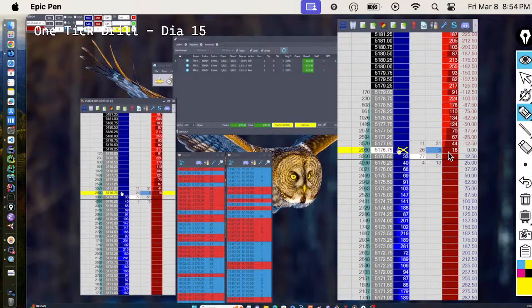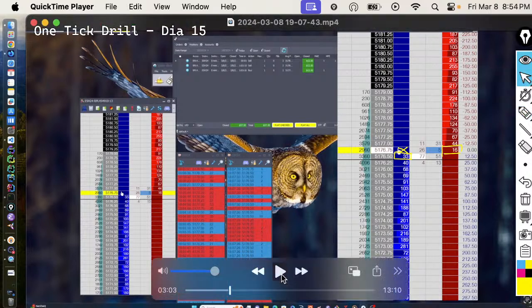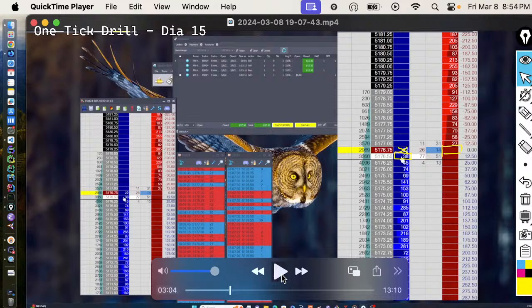Because of this, 16 versus 33. Ideally I should have done this, but I don't think I did. Let's see what happened. Boom. It went one tick against me. Now I'm losing 1 tick already. I missed my chance.